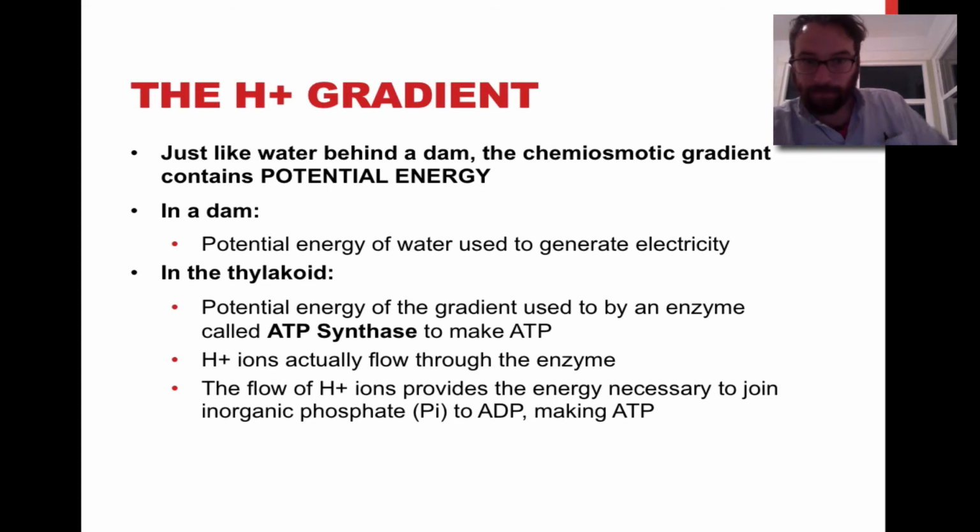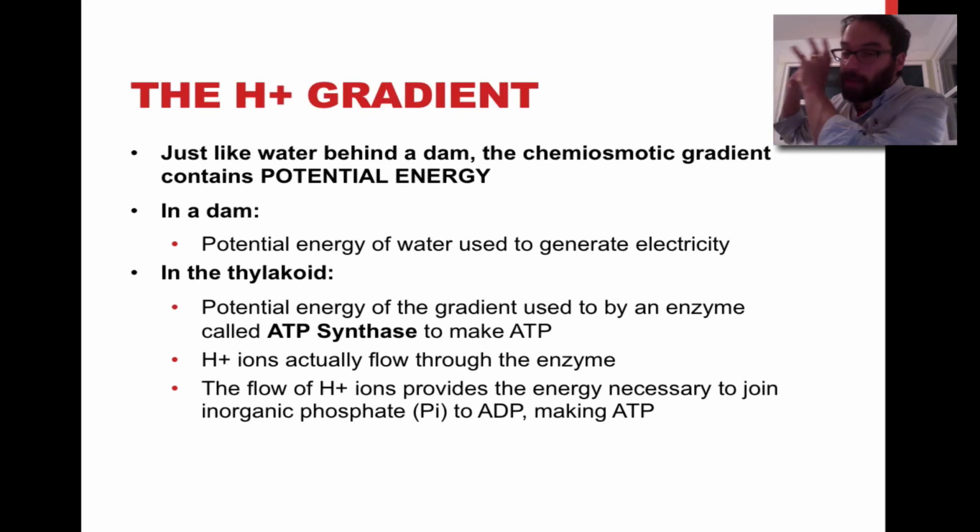Just like the water behind a dam, the chemiosmotic gradient contains potential energy. In a dam, that potential energy of water is used to generate electricity, like I mentioned. In the thylakoid, that potential energy, which is analogous to putting all that water behind a dam, essentially represents another energy transfer from the sun.